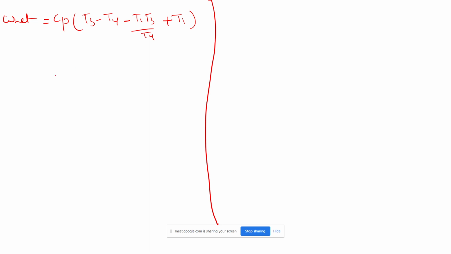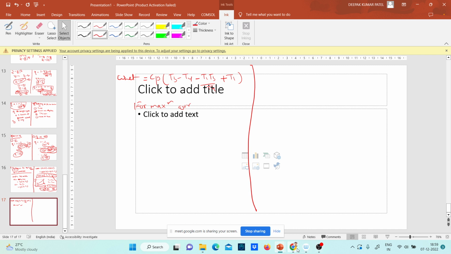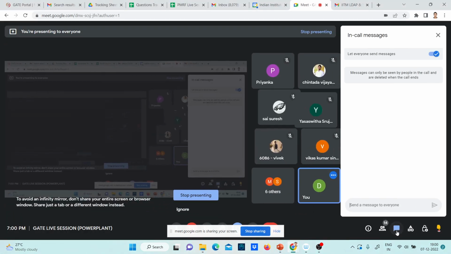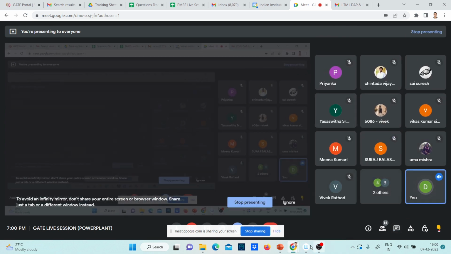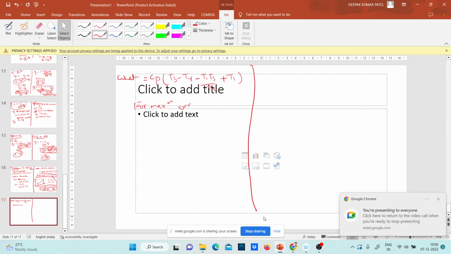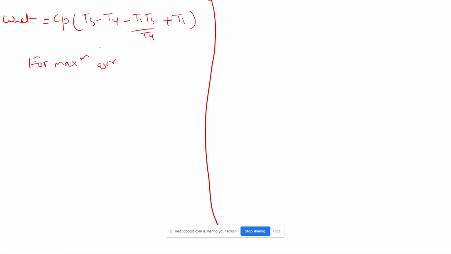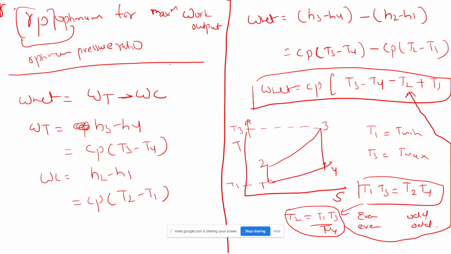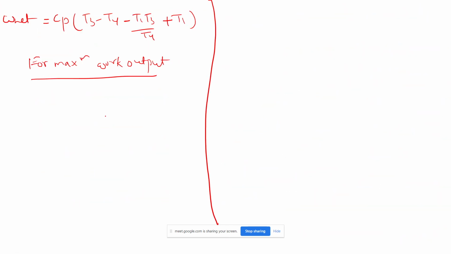Now for maximum work output, what do we want? For maximum work output, turbine work should be higher and compression work should be lower.